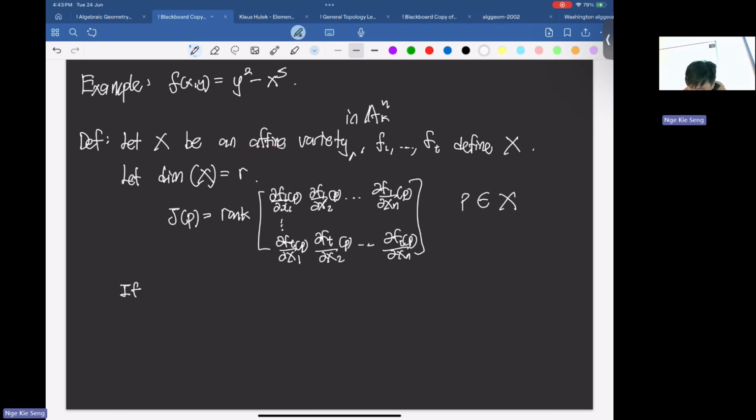So if the rank of J at p is equal to n minus r, where n is the dimension of the affine space and r is the dimension of the affine variety, then we can say p is a non-singular point.